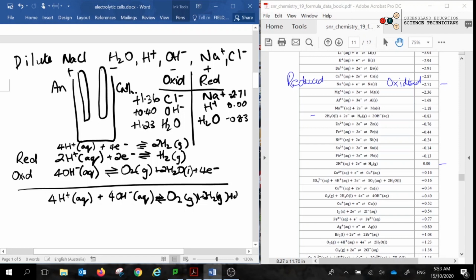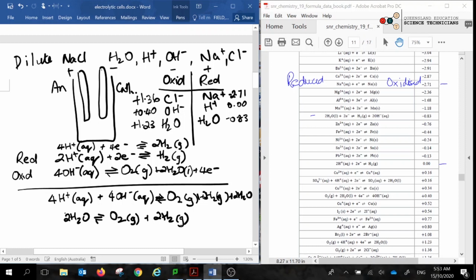And 2 water. So we have a surplus of water left over, and we have the oxygen gas and the hydrogen gas produced. If you notice, this is very similar to our oxidation of water, which is that we need 2H2O to make oxygen gas and 2 hydrogen.